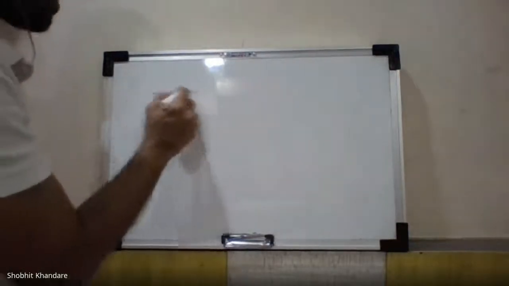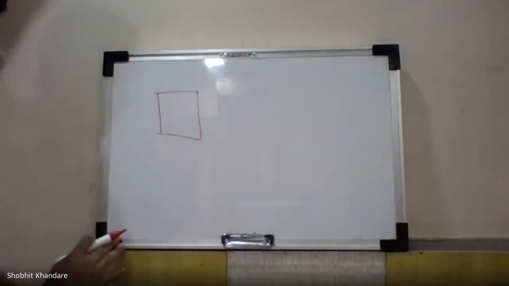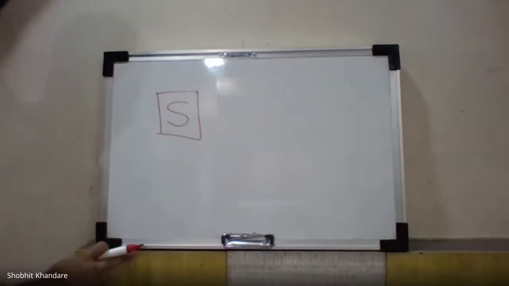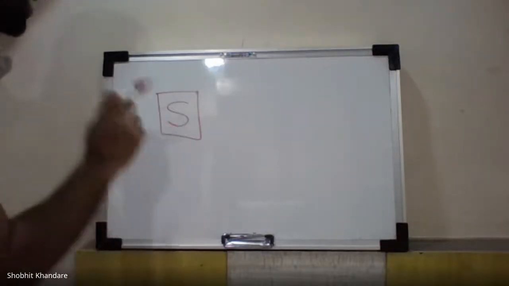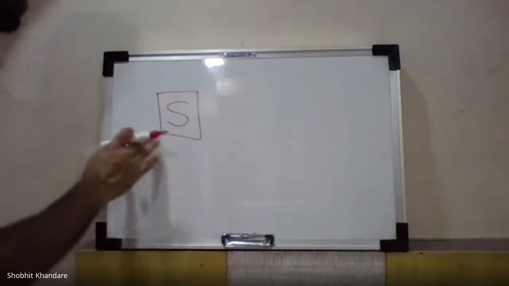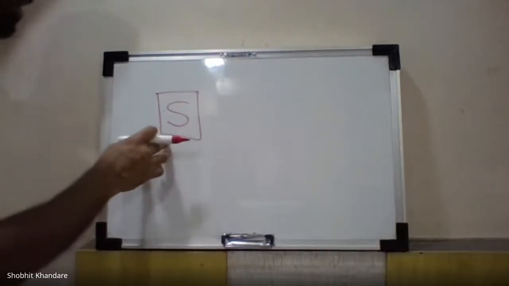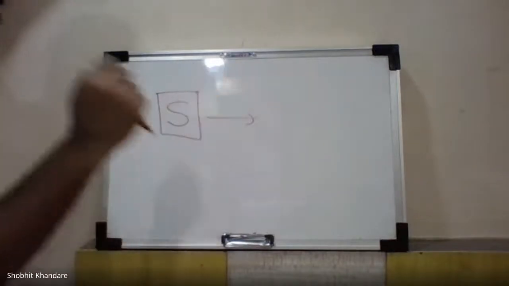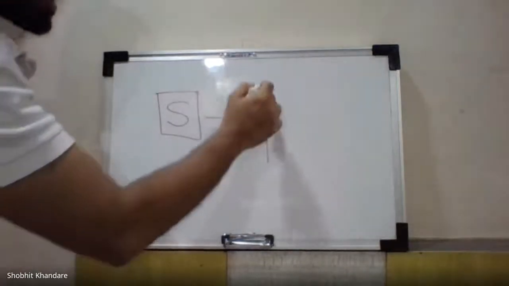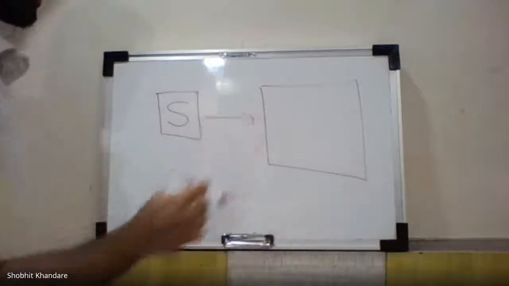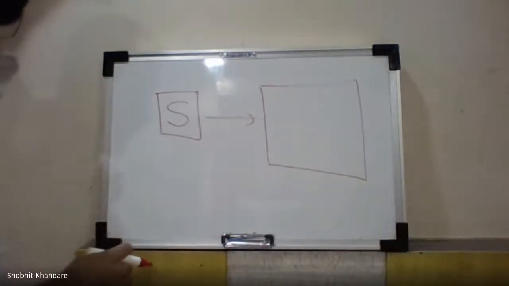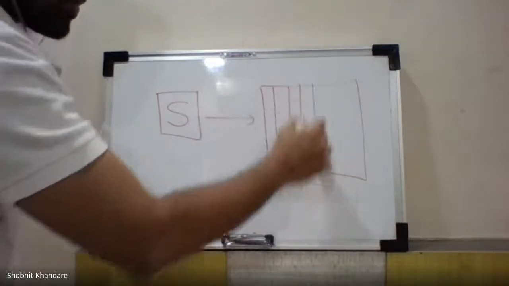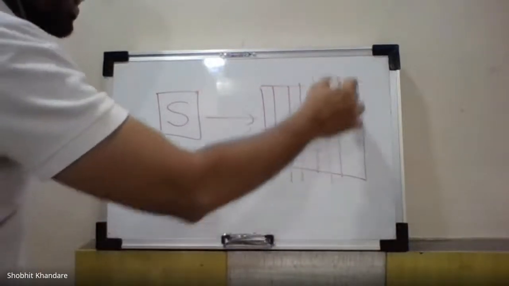So please start to understand. If I have this image, where I have written S, this particular image has to be converted into two important formats. The first thing is that this should be converted into 8x8 blocks. So it's 1, 2, 3, 4, 5, 6, 7, and 8.